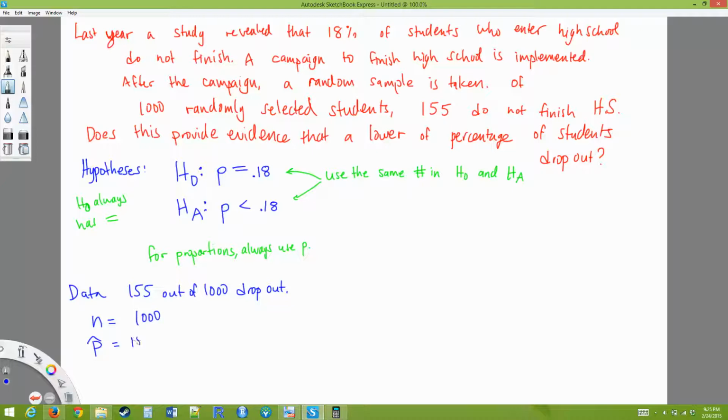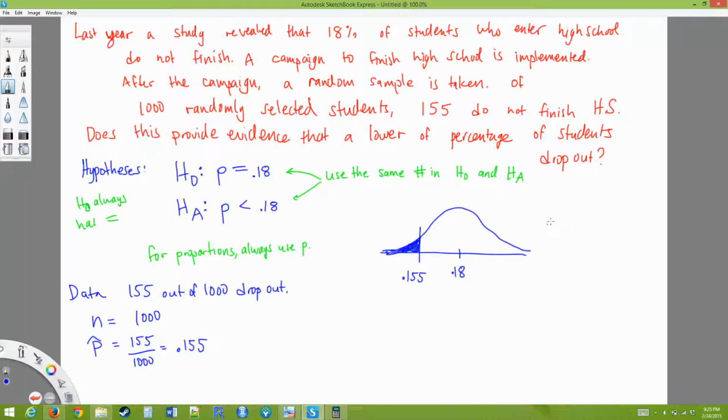What's p hat? 155 over 1,000, 0.155. We want to figure out the probability of this happening if our null hypothesis were true. If the null hypothesis were true, we would expect it to be 18%. What did we observe? 0.155. So we want to know the probability of this happening, or something more extreme, something more unusual.